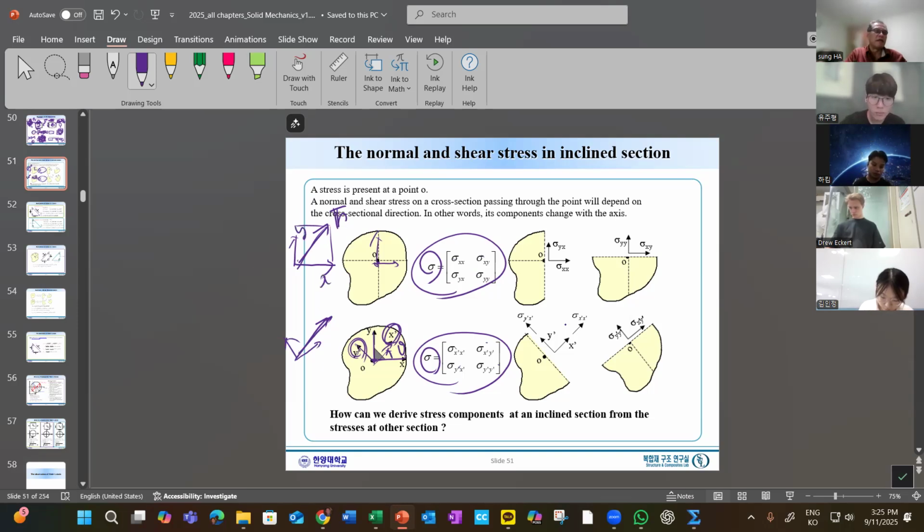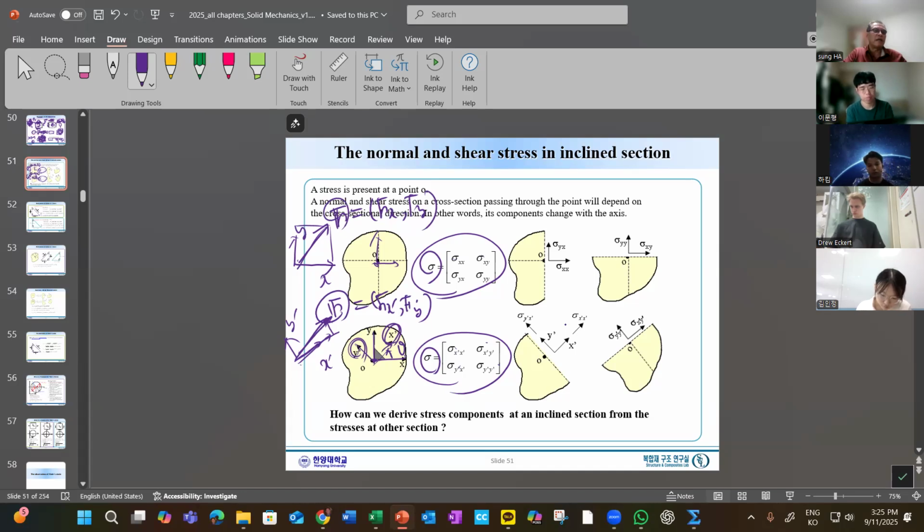This is X prime and Y prime. This F and this F are the same. And in X prime, Y prime, we have new components like this. Again, you can say Fx and Fy, and for this one, you can say Fx prime and Fy prime. And again, these are the same.